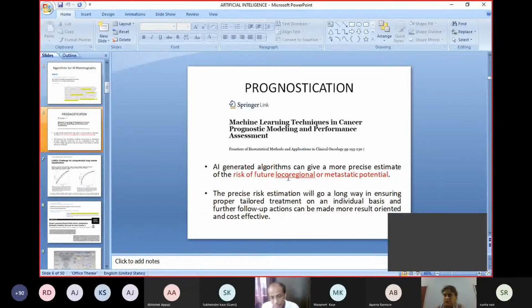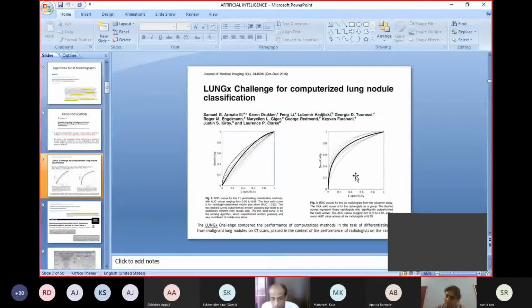After the cancer patient is treated, many times the patient fails loco-regionally, meaning the tumor recurs in the same area where the cancer was present, or there is a metastatic failure if the cancer comes in a different area, that is metastasis. So based on these probabilities, we can predict whether a patient is going to behave well after the treatment or not.